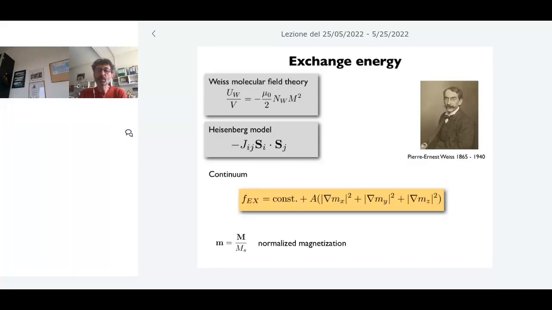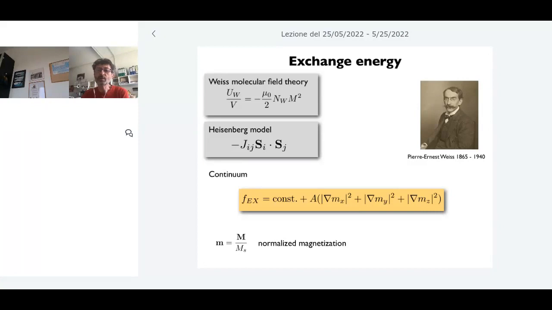So in a continuum theory we express the exchange energy as a constant, which we put out front, and something which depends on the derivative of, for example, the x component of the magnetization, everything squared, then y squared, and then z squared.